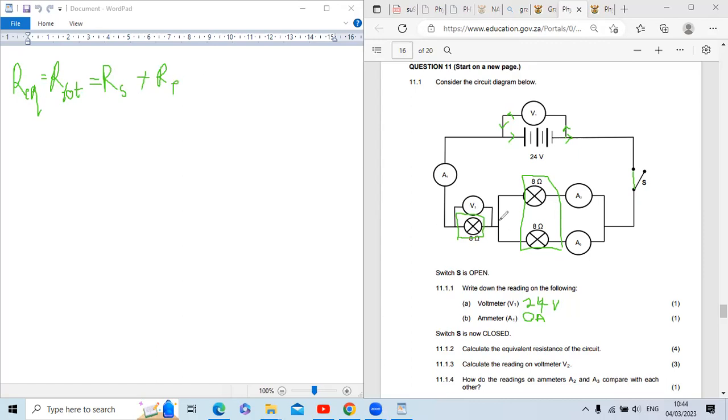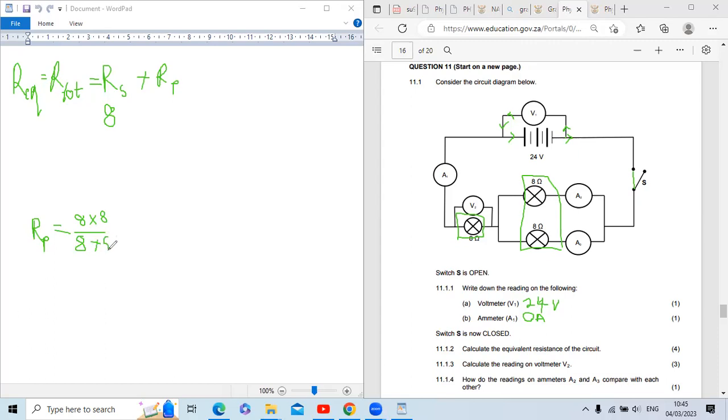Our resistance in series, since there's only one resistor, is going to be 8 ohms. And now we have to find our resistance in parallel, because there's actually two. Since we know the equation for two resistors, R parallel is equal to 8 multiplied by 8, divided by 8 plus 8.